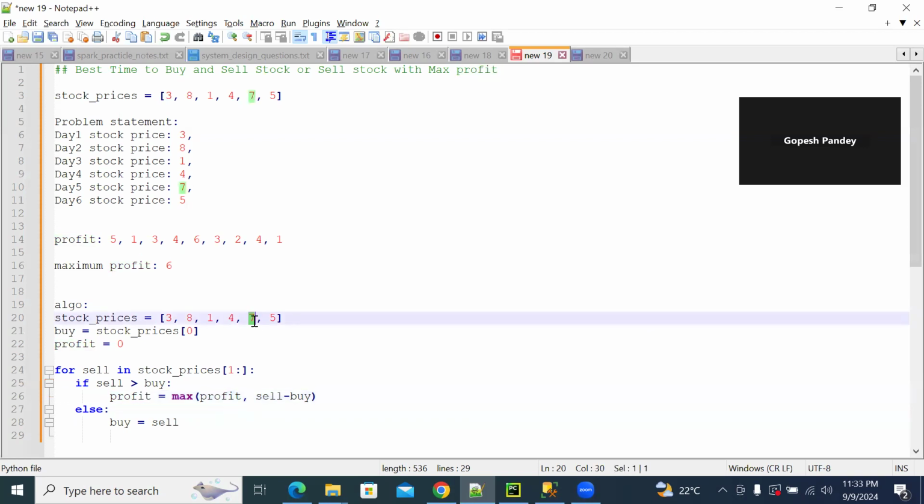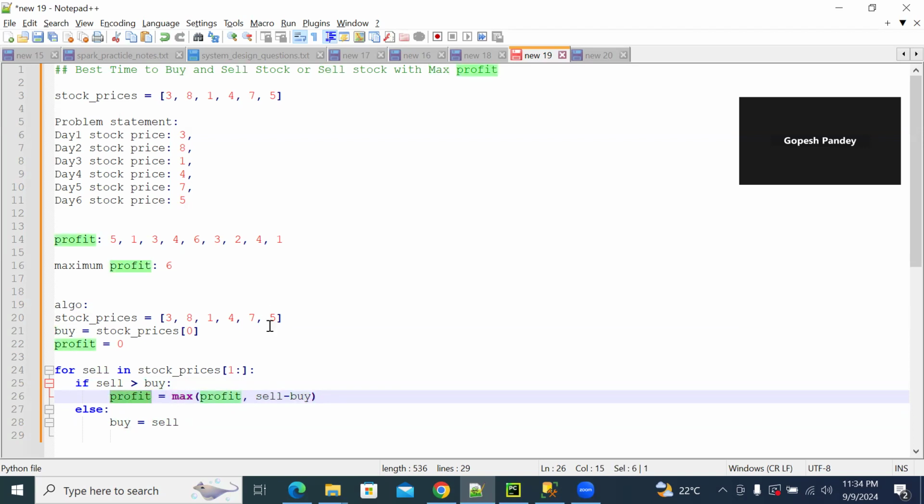Now you got 7. So sell amount is 7, buy amount is 1. 7 is greater than buy, so the condition is true. You come inside again. Your last iteration profit was 5, and here sell minus buy, meaning 7 minus 1, is 6. So if you get the maximum between 5 and 6, you will get 6 as the profit.